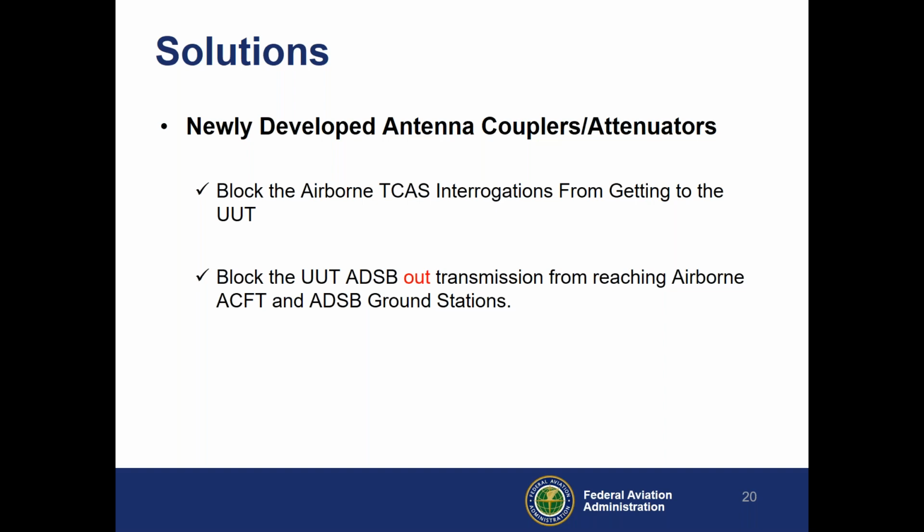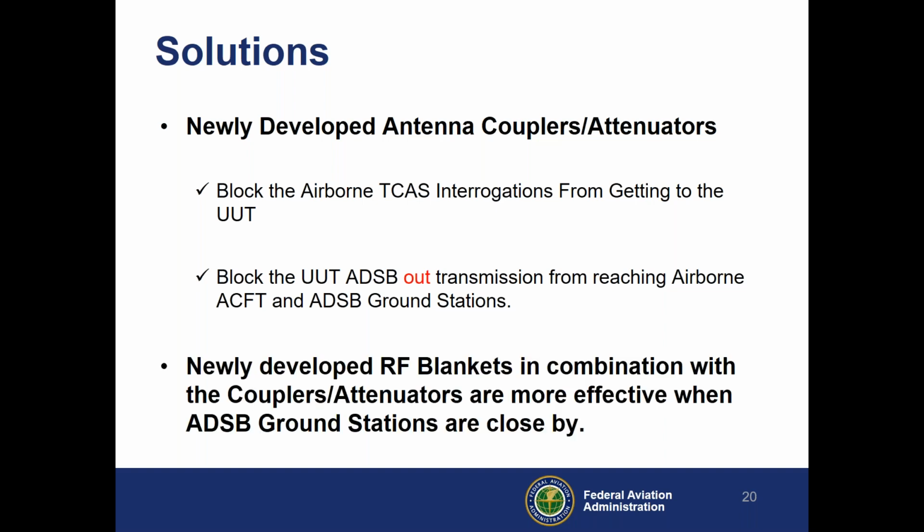One thing I want to note on this slide is that the antenna couplers will block the airborne TCAS interrogation from getting to the UUT. We will reduce the RF leakage that's coming out of the aircraft, because there will be some RF leakage, and I'll speak to that a little bit more. Can we move on to the next bullet here?